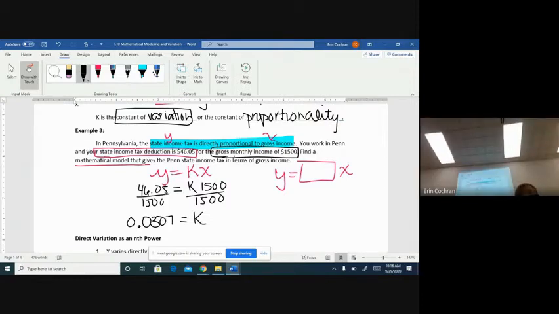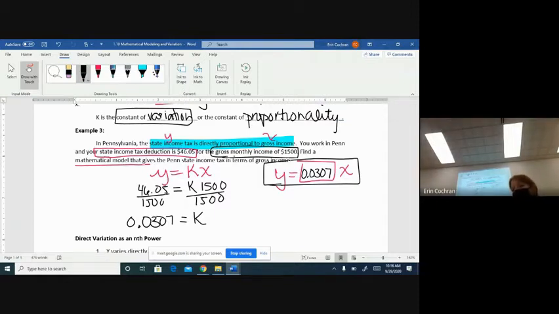So what would my mathematical model be here? y equals, what's my k? 0.0307x. That would represent my Pennsylvania income tax in terms of your gross income.